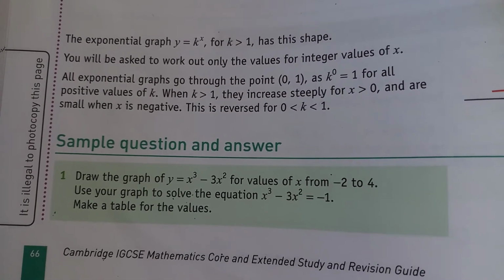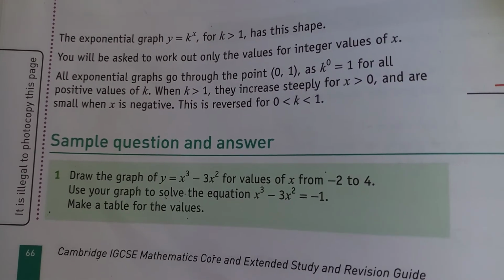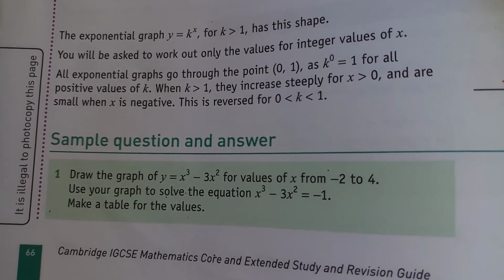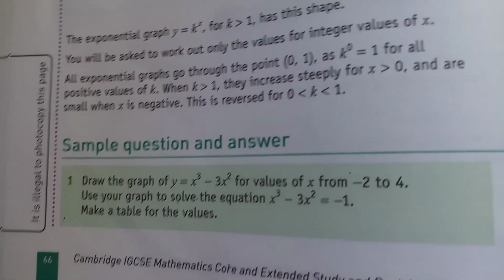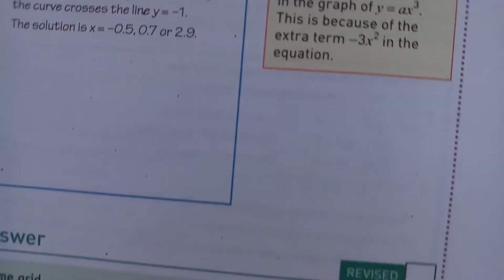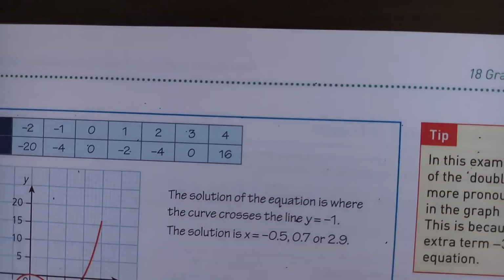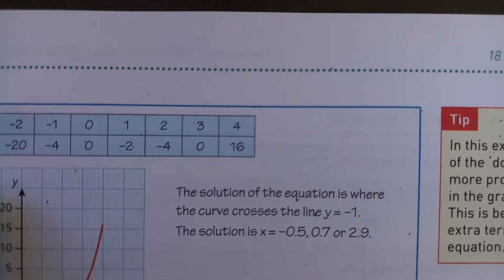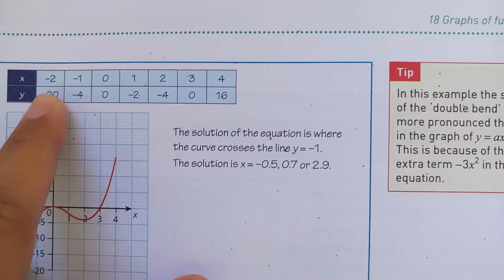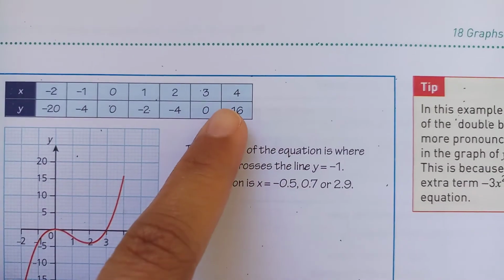So how are we going to do this? By doing the table first. We follow the question because the question asks for -2 to 4.